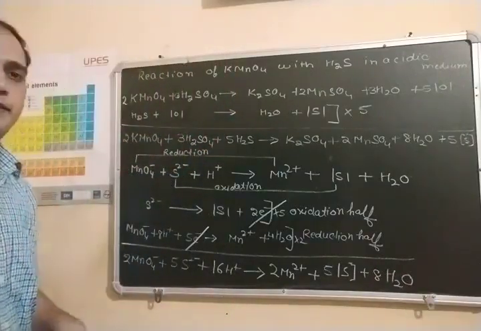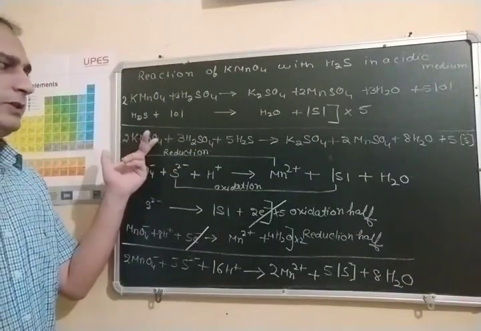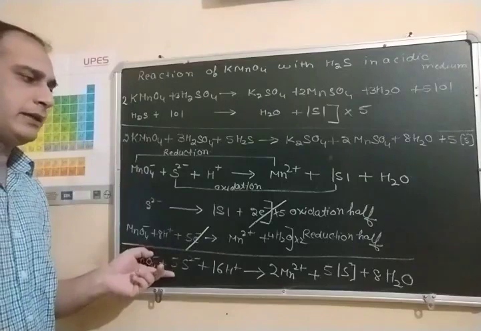So this will be the overall balanced ionic equation, and this is representing what? Molecular equation. So this is the molecular equation, and this is the ionic equation.